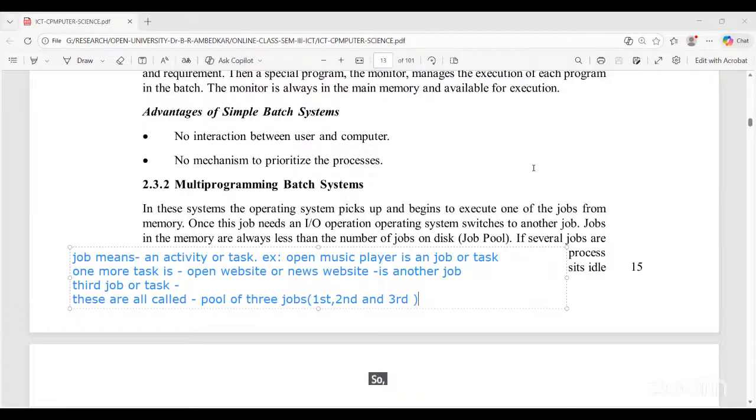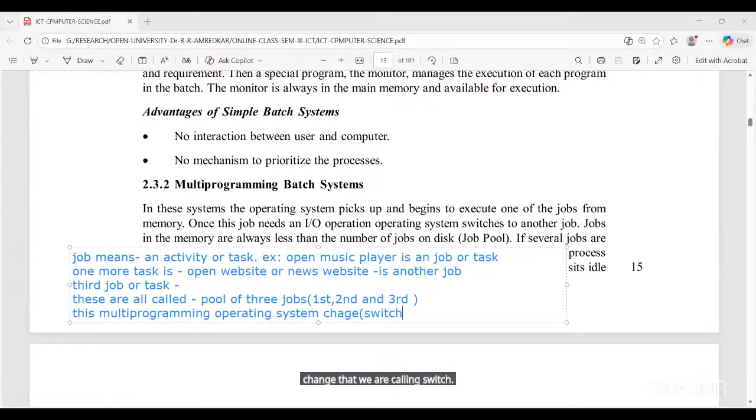From these three jobs, this multi-programming operating system changes, which we call a switch, between the three jobs.